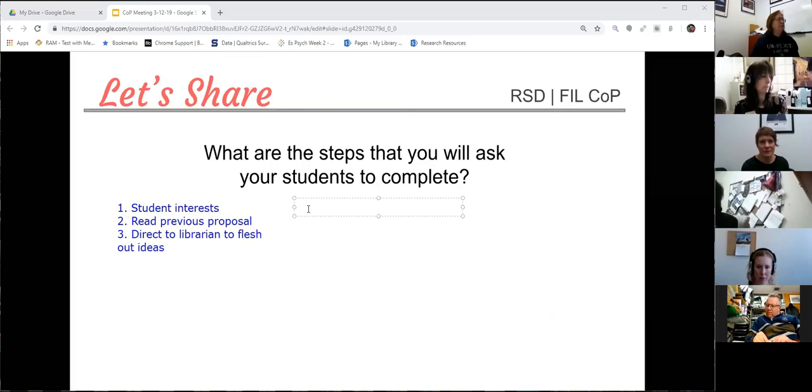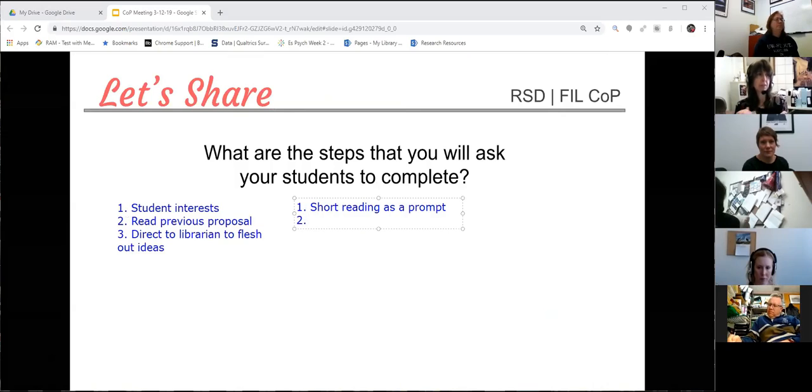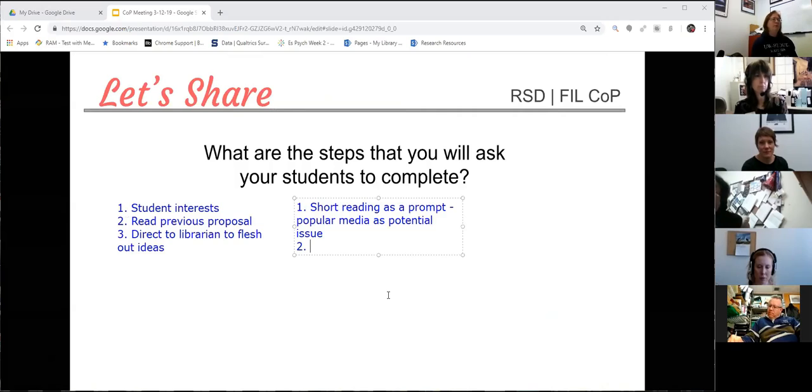I find that having a short reading as a prompt for ideas is super helpful. So kind of related to what Harry said, but usually I try to use, because I teach lower level introductory library sessions, something more in the popular media dealing with a potential research issue. What's the next step?